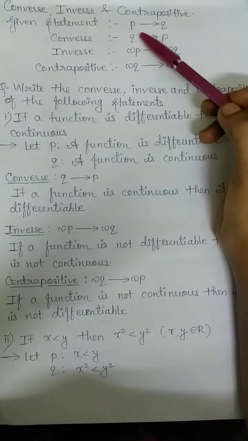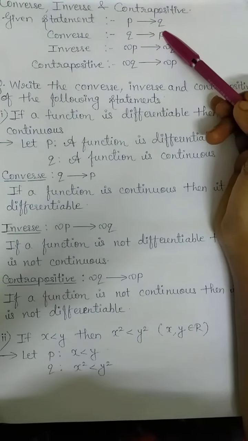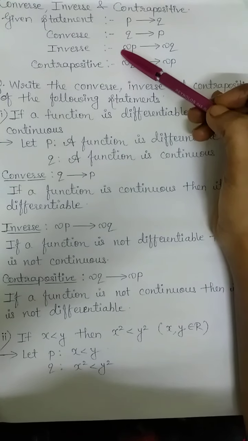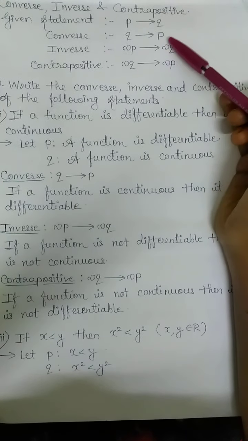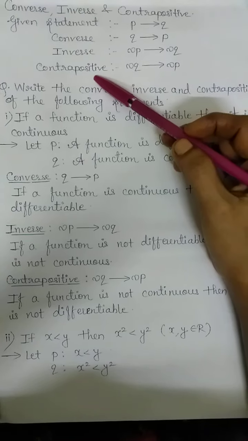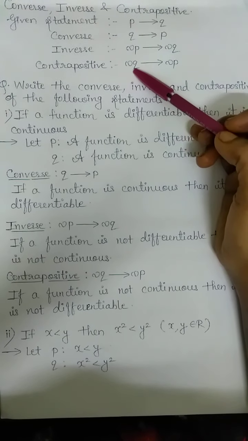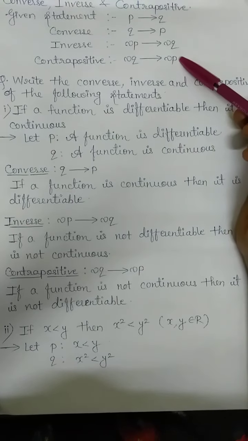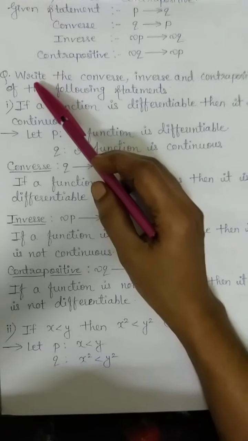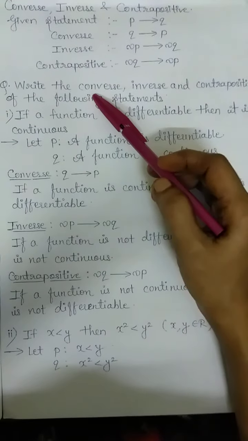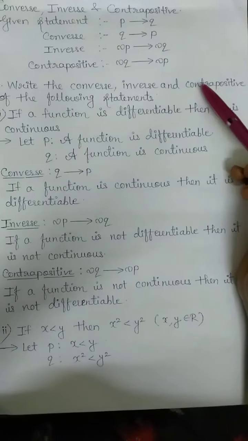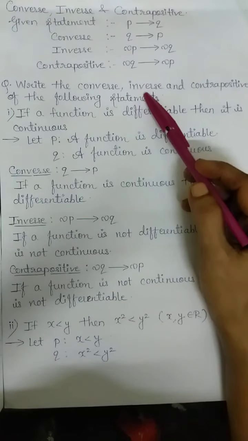Then the converse will be Q implies P. The inverse will be negation of P implies negation of Q, and the contrapositive will be negation of Q implies negation of P.